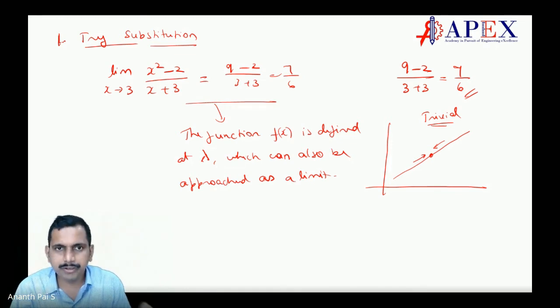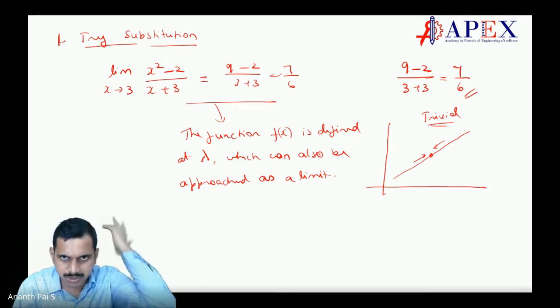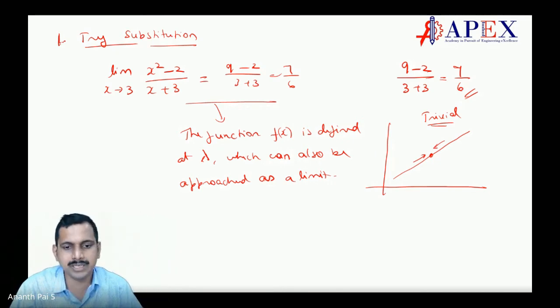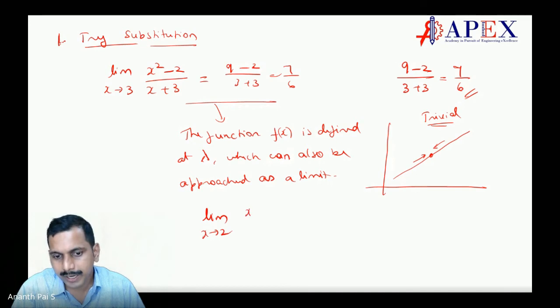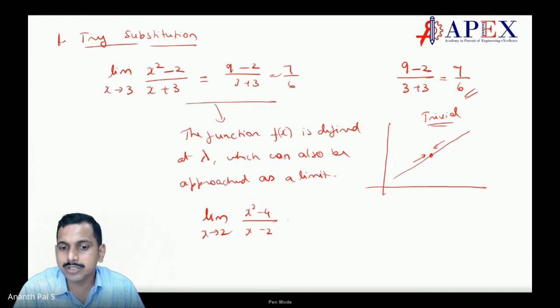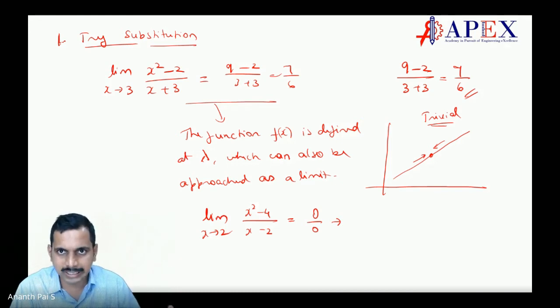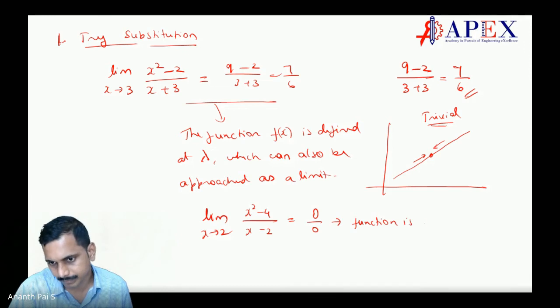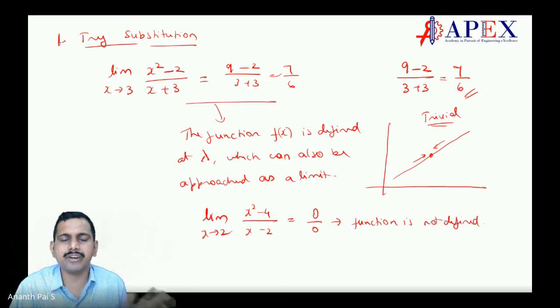Now if it is not defined, this try substitution is gone. So we are going step by step. For example, consider limit x extending to 2 of (x square minus 4) over (x square minus x minus 2). When you substitute, you will get 0 by 0. The function is not defined, and we will see the limit later.